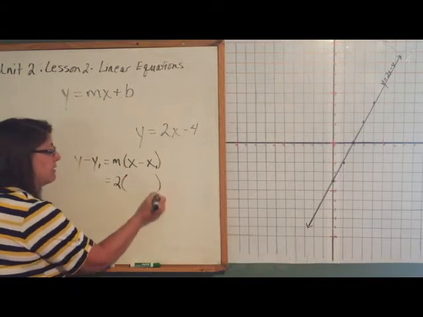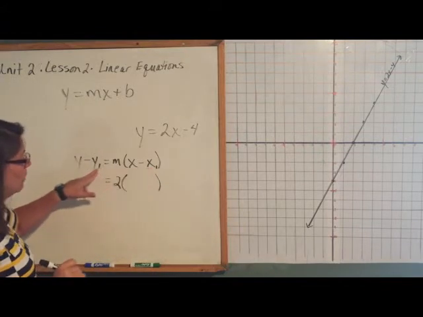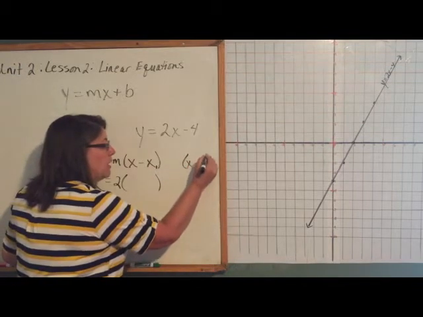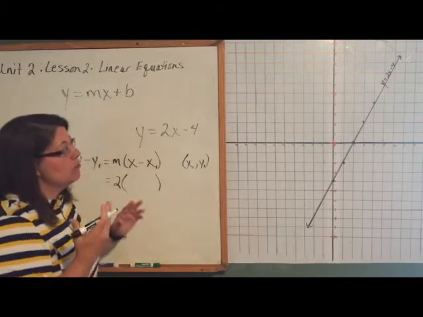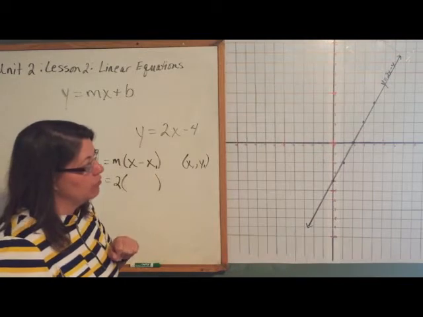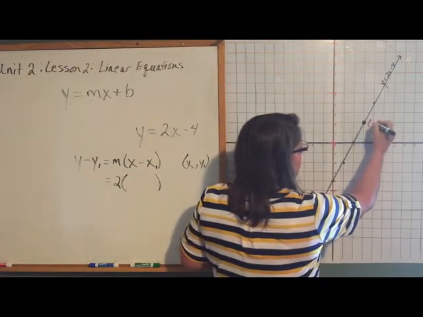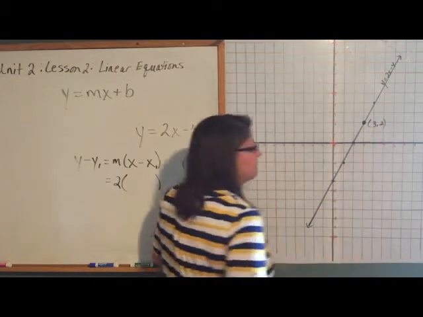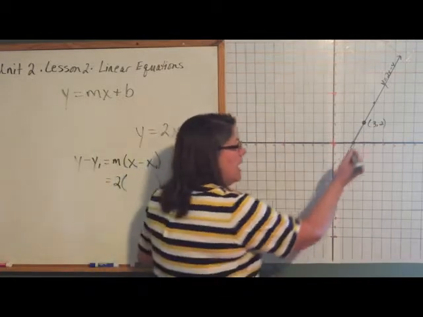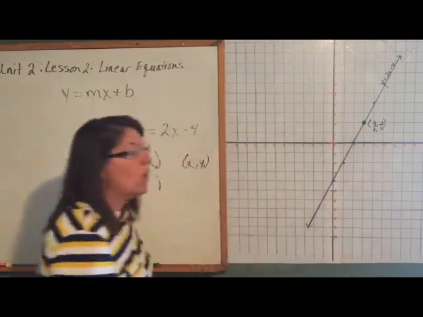And then I also learned that the x1, y1 represents an ordered pair on my graph. So I'm just going to randomly pick an ordered pair that I came up with on this graph. And I'm just going to pick this one right here. Let's do this one. That is the point 3, 2. Okay? So what I'm going to do is I'm going to take that ordered pair and plug that ordered pair in for my x1, y1.